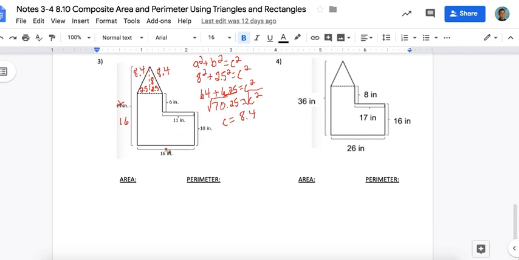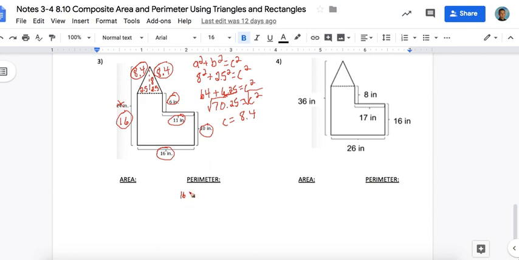And now I'm going to count my sides. I'm going to start here. So 16 plus 16 plus 8.4 plus 8.4 plus 6. Don't forget this. Even though it's written on the inside, it's really this measurement here, which is still the outside, 11 and 10. So there are 7 total sides. So we're going to write them out.